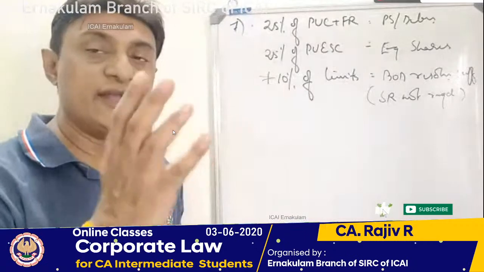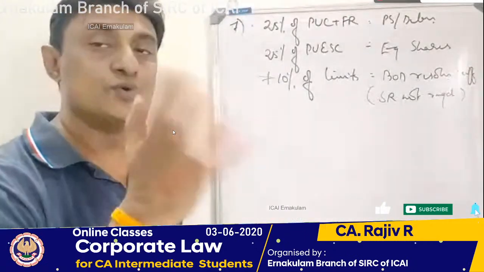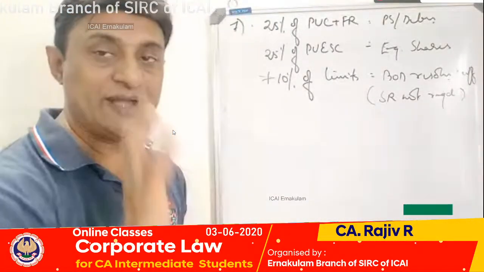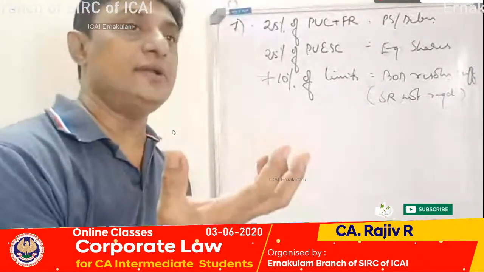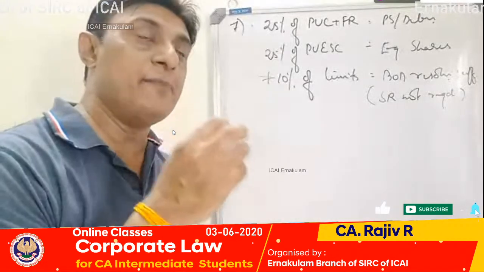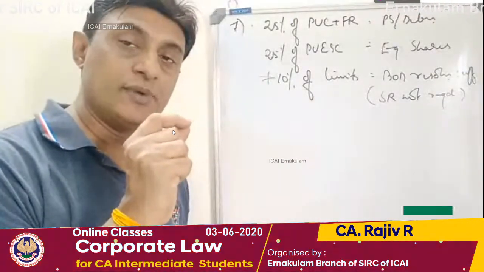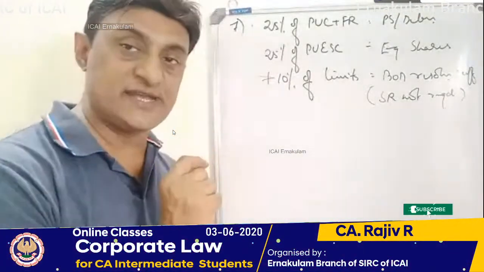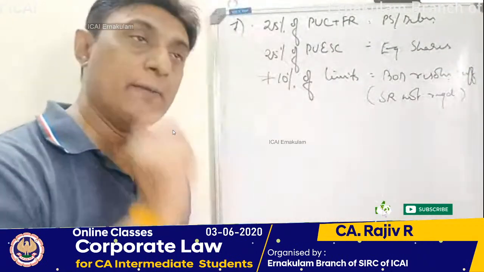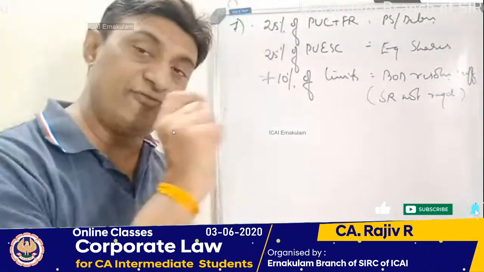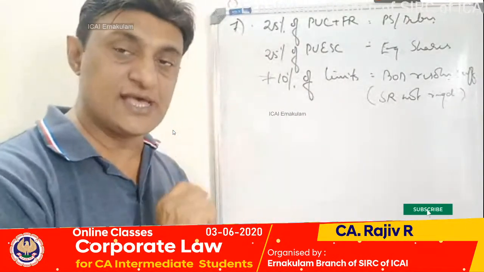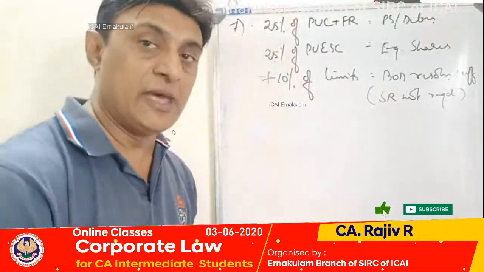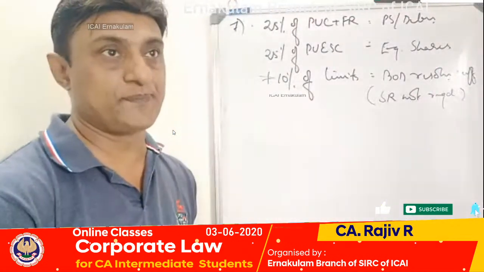Okay, so preferably underline all these numbers. We are going to use a lot of numbers here. 25% here, 10% here. So get the condition. The buyback at one particular point of time should not exceed 25%. 25% of what? Paid up capital and free reserves, if you are buying back debentures or preference shares. If you are buying back equity shares, not more than 25% of paid up equity share capital.